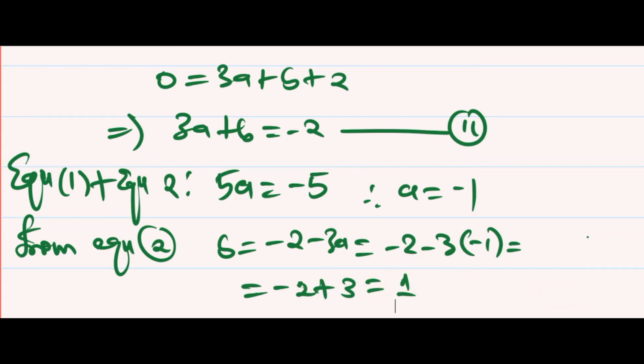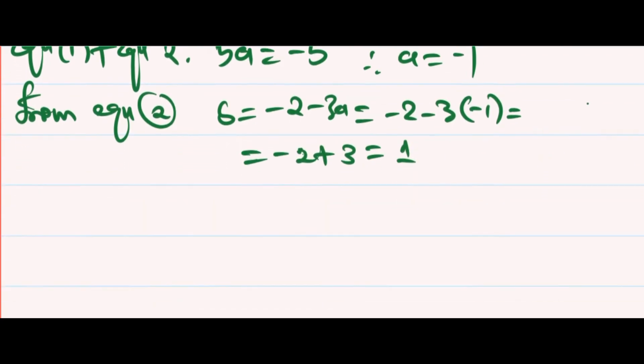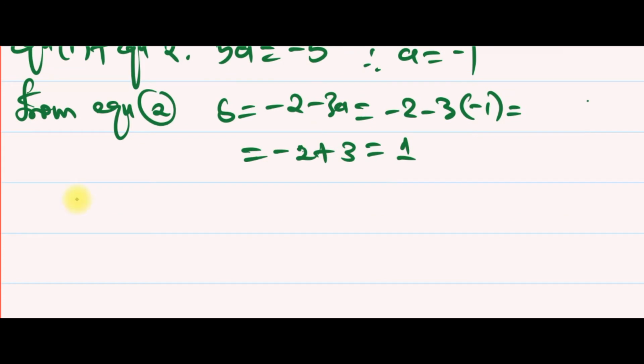So that's it. Our b is 1. Therefore, our quadratic function is y equals a, which is minus 1, so minus x squared plus b, which is 1, plus x and plus 6. So that's our quadratic function.